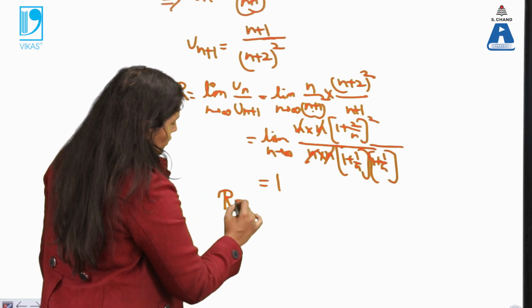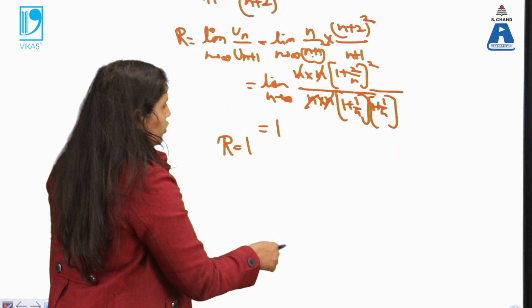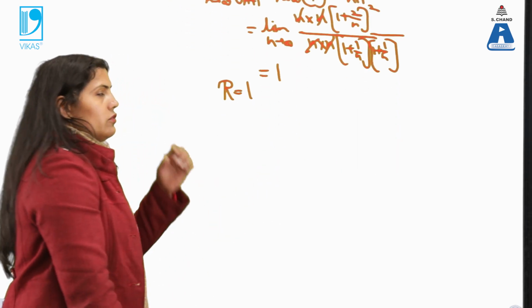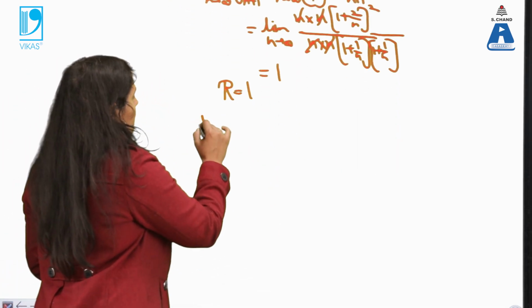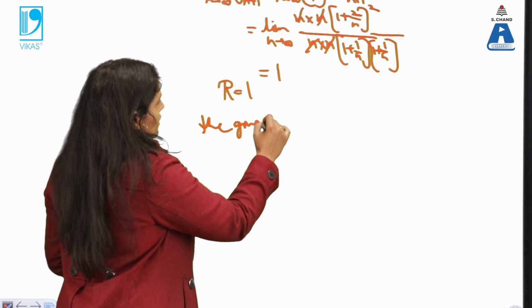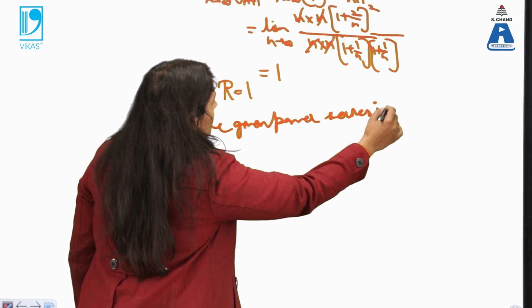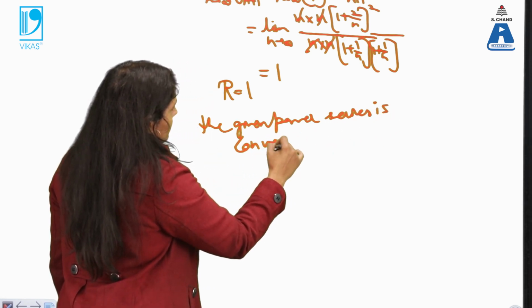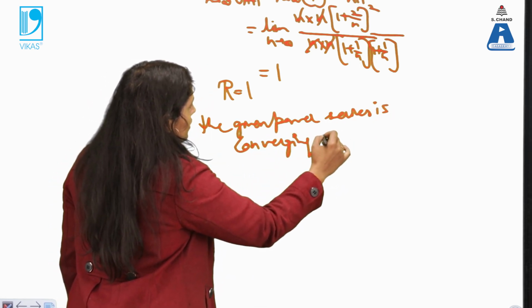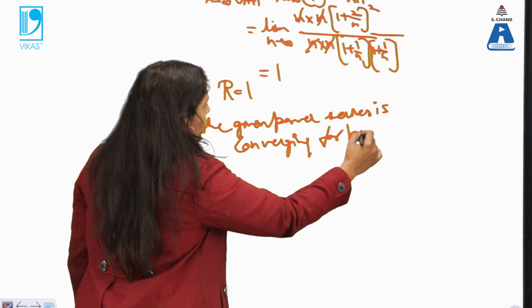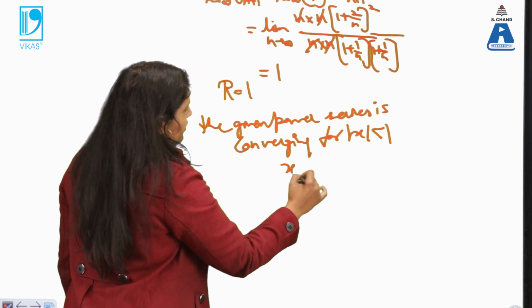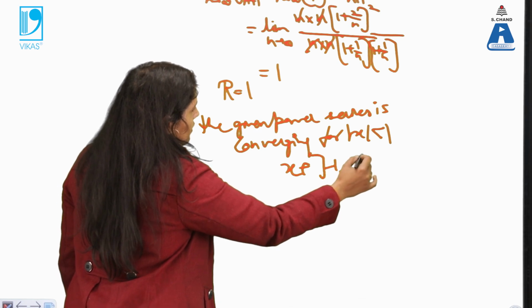If the radius of convergence is 1, what can we say on the basis of radius of convergence? That the given power series is converging for mod x less than 1. It means the region is this.